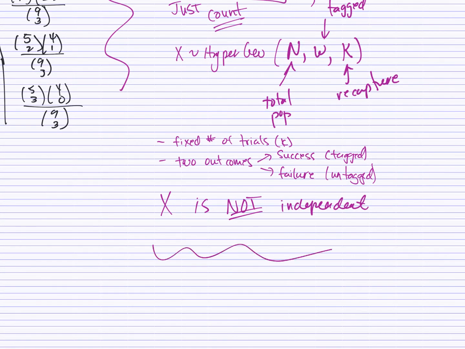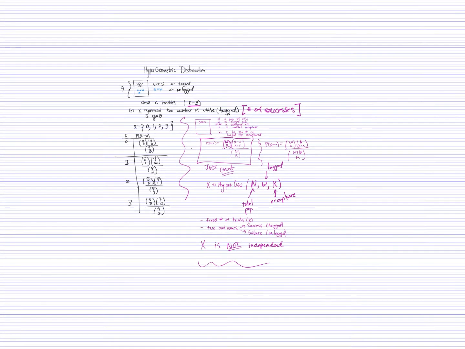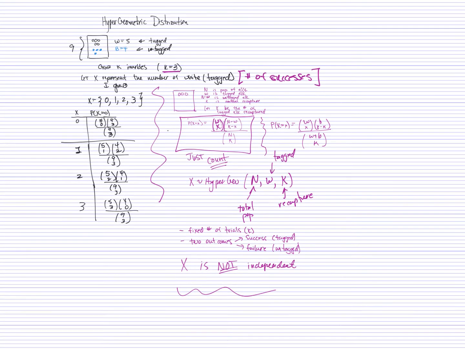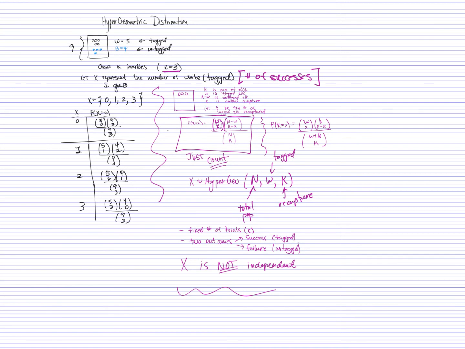All right, so that is a key difference in the hypergeometric distribution than in a binomial, geometric, negative binomial, or Poisson. This is our not independent discrete distribution. That's it.